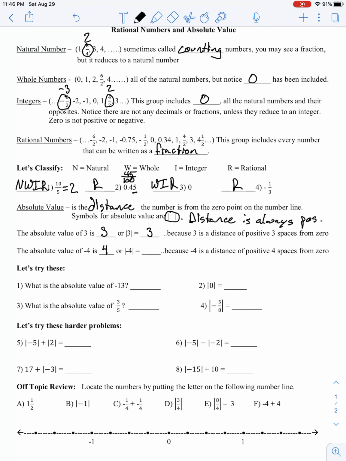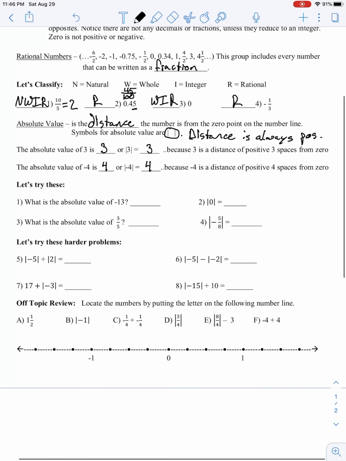So the absolute value of -4 is the distance -4 is from 0. So just like before, we've got our absolute value bars here, -4. The absolute value of it is 4 because of that distance of 4 it is away from 0. So we're going to try going through some absolute values here.